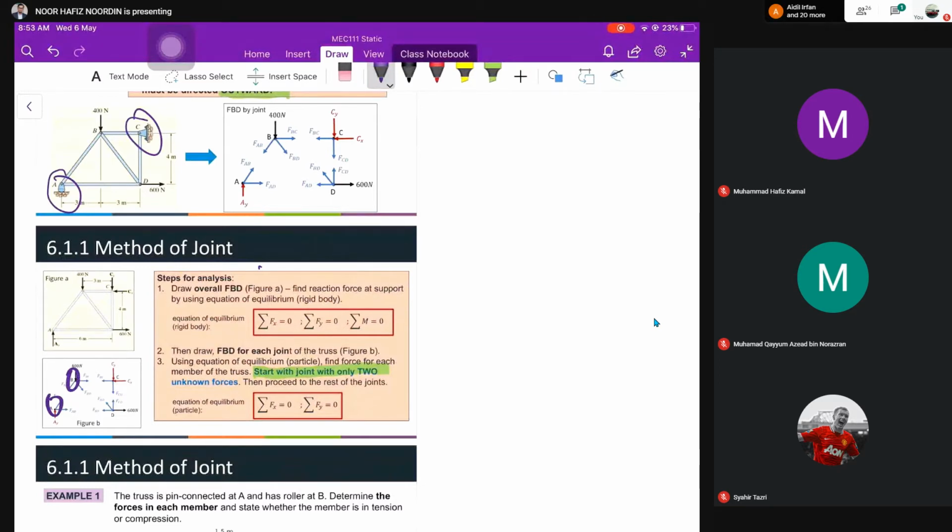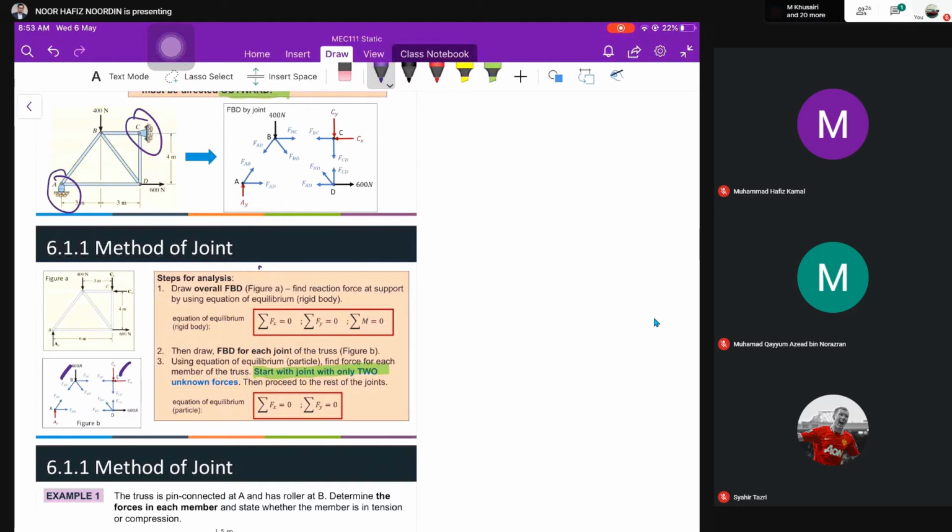At point A, for sure, we have FAB and FAD. These two unknown forces comply with our condition. But for joint B, the unknown forces are 3: FAB, FBD, FBC, so more than 2. So we cannot start there. In this case we must start at point A, or point C is also possible.